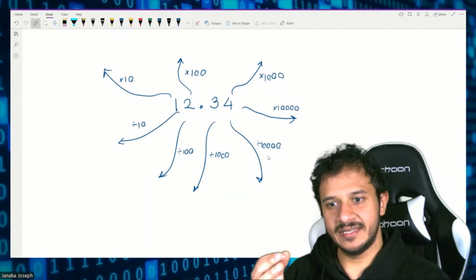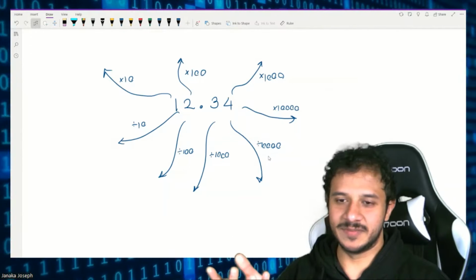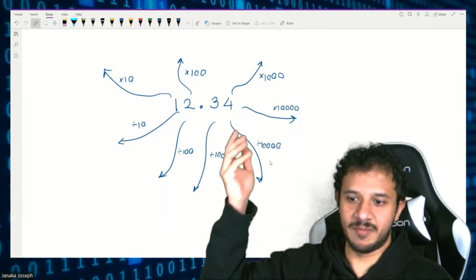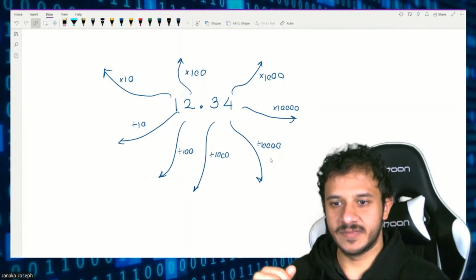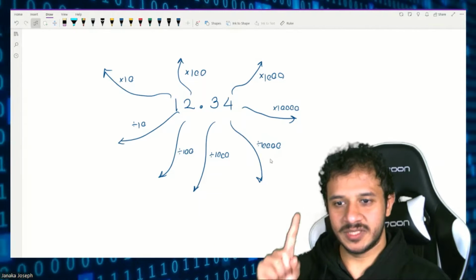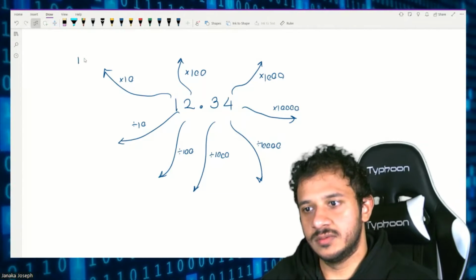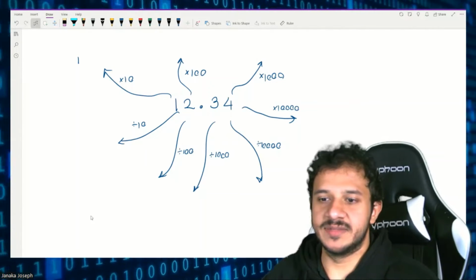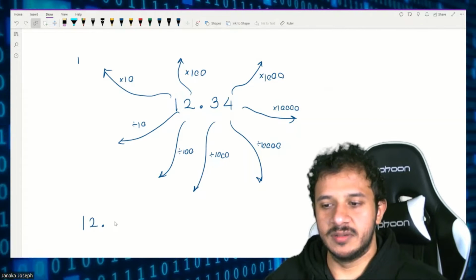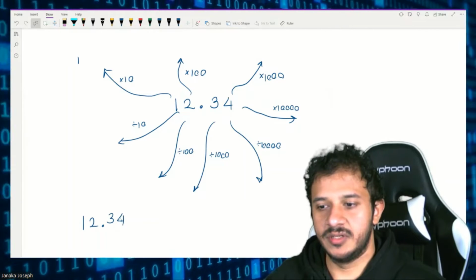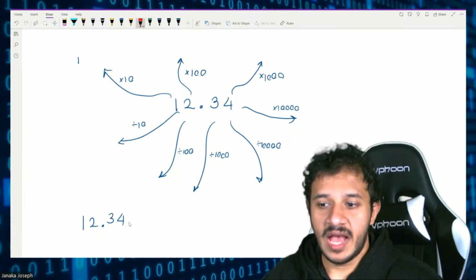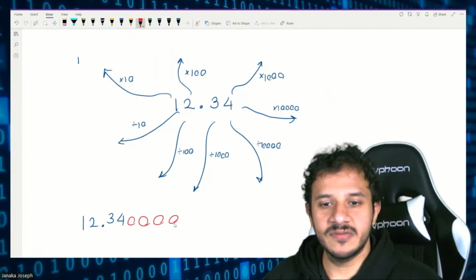Multiplication, as I said, means the number becomes larger, and 10 means movement of one decimal place. So we know any decimal number, like the number we are considering, 12.34. Actually, after 34, there are thousands of zeros.